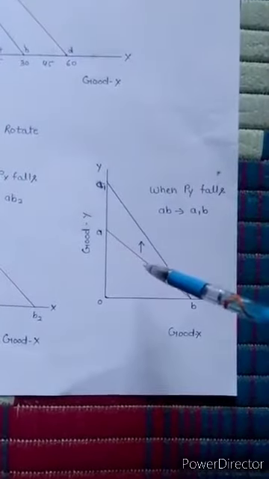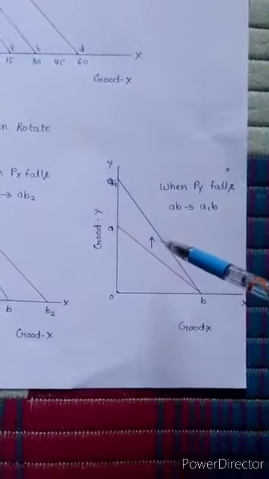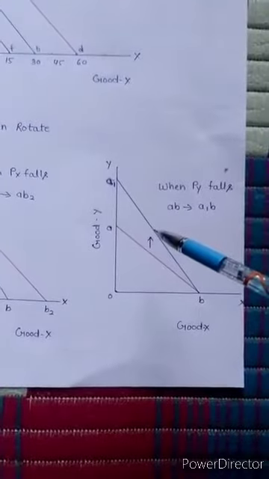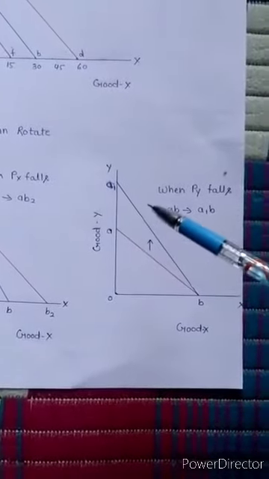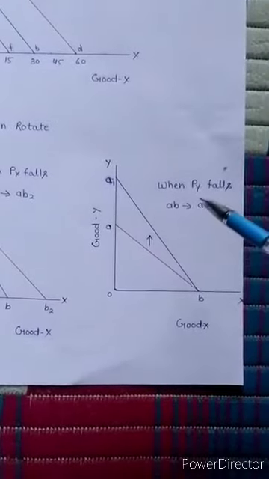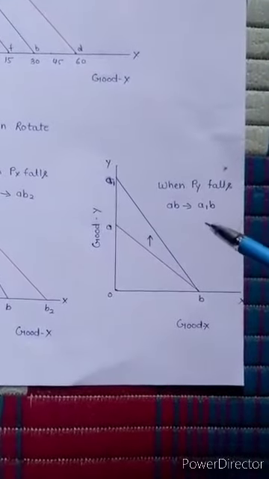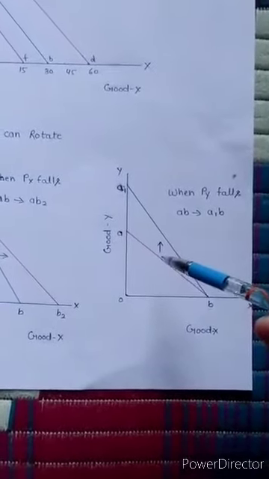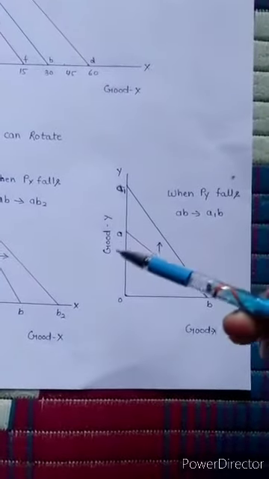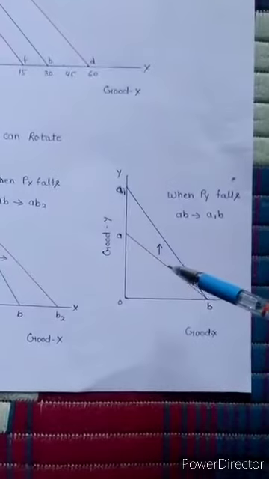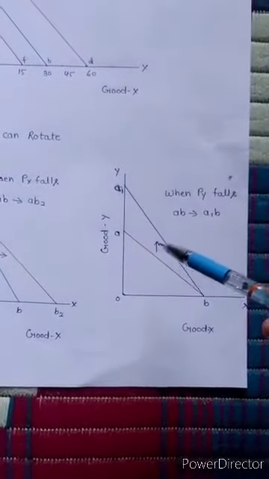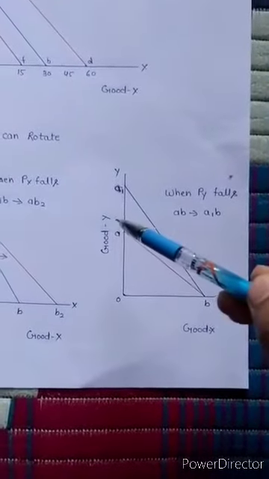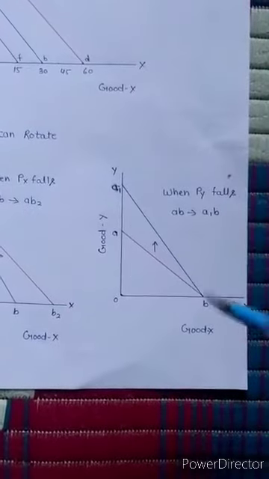In that condition, at the given income or given budget, the consumer can purchase more units or excess units of Y commodity because the price of the commodity decreases. When the price of Y commodity falls, the consumer can purchase more units of Y commodity. At that condition, the budget line shifts from downward to upward and it becomes BA1.